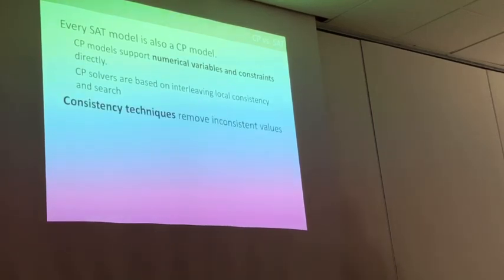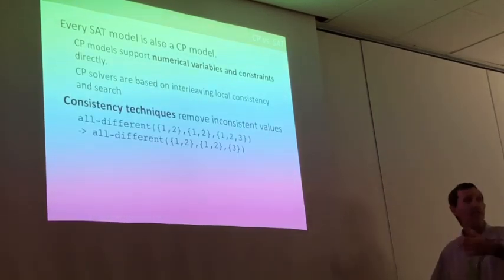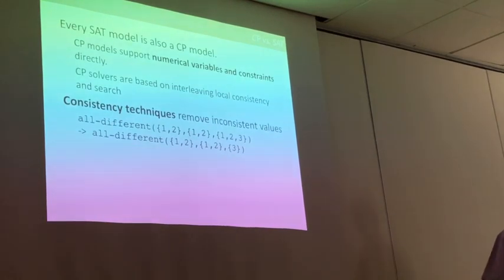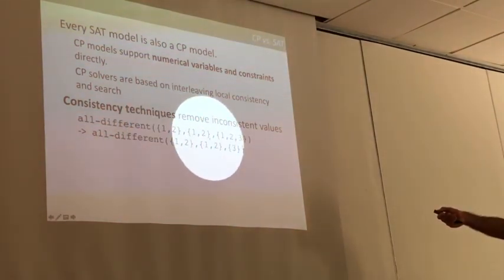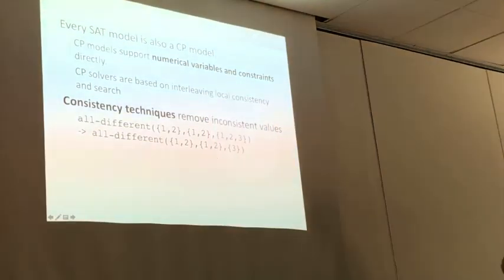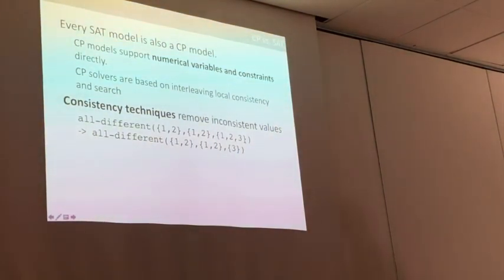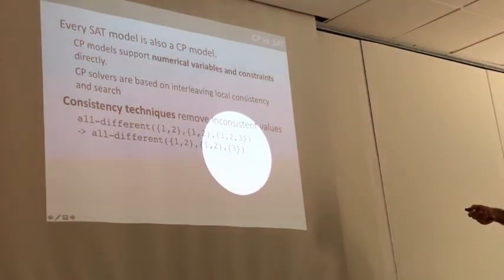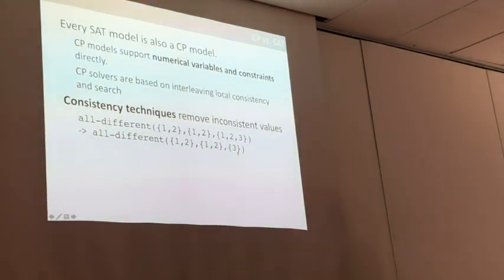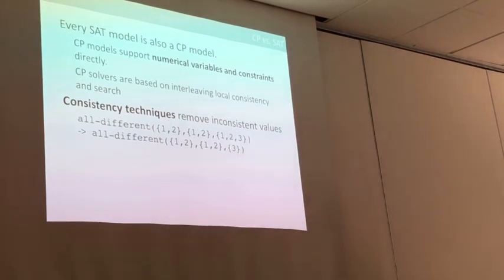Okay? To give you an idea, if I have an all different constraint that says that all values are different, and I have 3 variables, one variable with domain 1, 2, one variable with domain 1, 2, one variable with domain 1, 2, 3, to make it locally consistent, it's clear that values 1 and 2 cannot be used for the third variable, so I can remove them from the domain, and I don't need to try them during search.